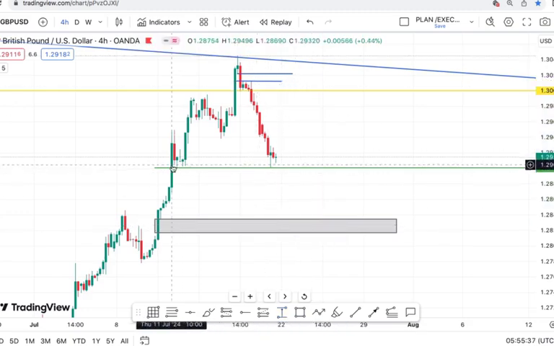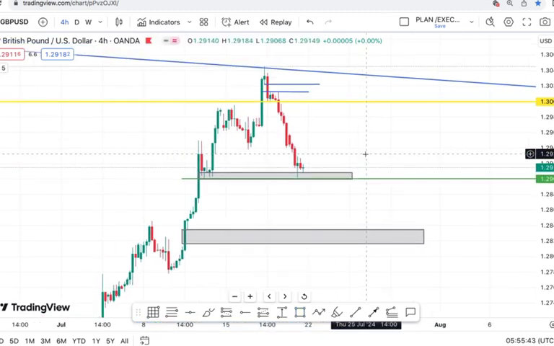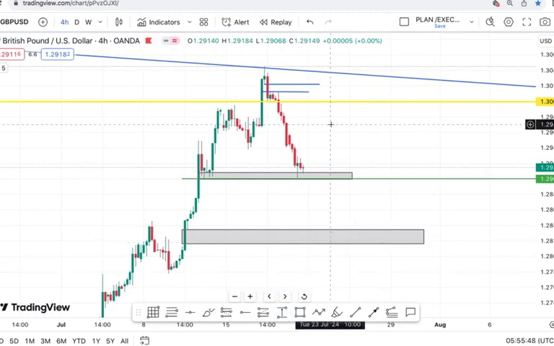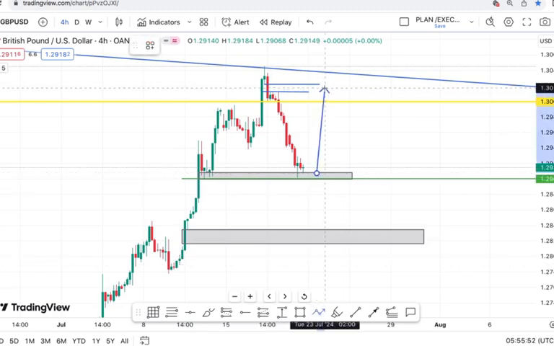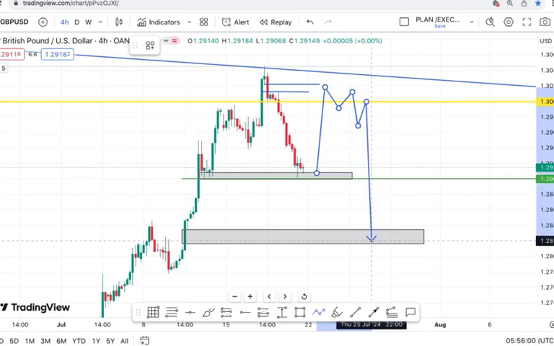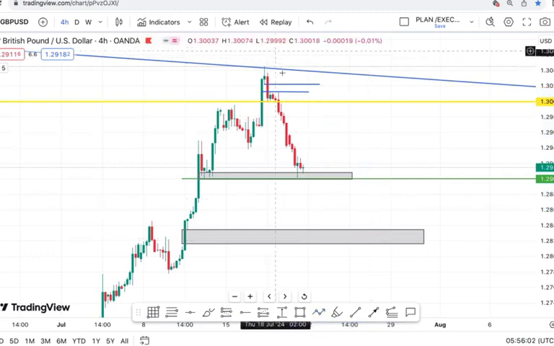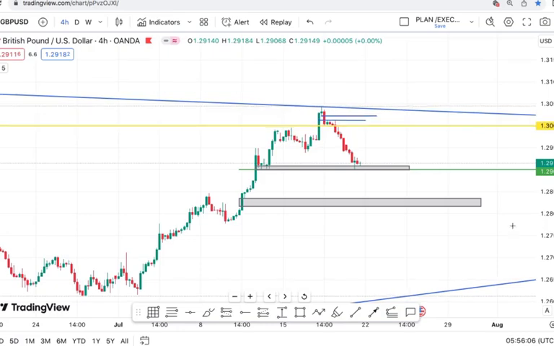This support zone here, I'm expecting price to take out this zone in the upcoming days. So I'll be looking at playing something like this: tap into this, give us a reaction like this, then you can take this sell and target this place. This is what I'll be playing.